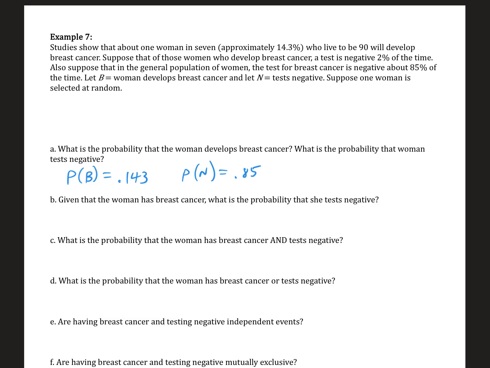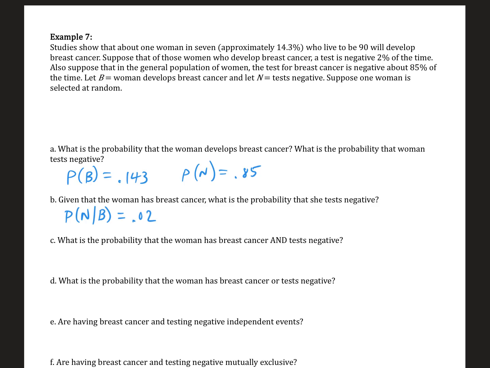Given that the woman has breast cancer, what's the probability she tests negative? So the probability of N given B, 0.02. So again, we're literally just pulling these numbers from the problem. No math involved. Now we have to do the math with it.